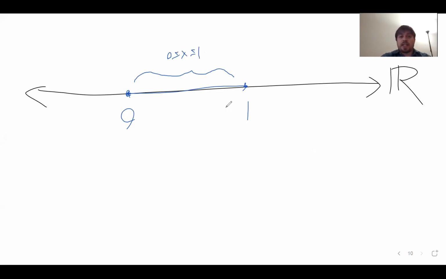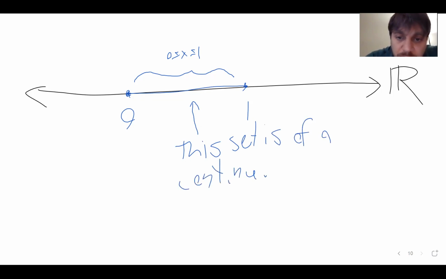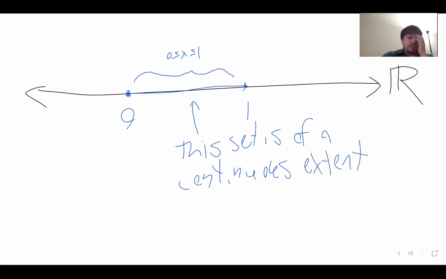It's not a finite amount, and it's not a countably infinite amount. It's not a discrete amount. That means it's not discrete, but it's also of a continuous extent. Does that kind of make sense?